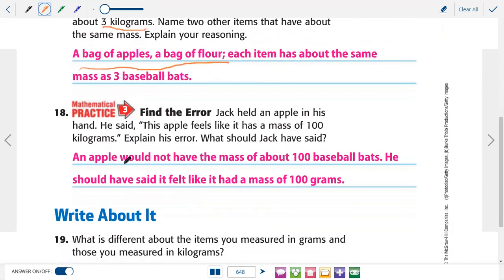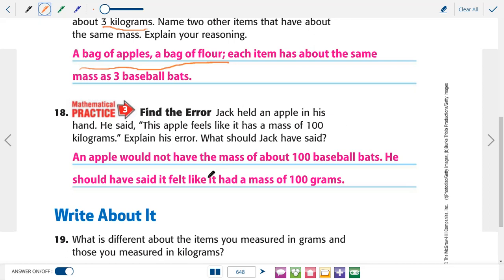Jake held an apple in his hand. He said, "This apple feels like it has a mass of 100 kilograms." Explain his error. What should Jake have said? Can you imagine what 100 kilograms means? Yes, this is so heavy. So does the apple weigh like this?